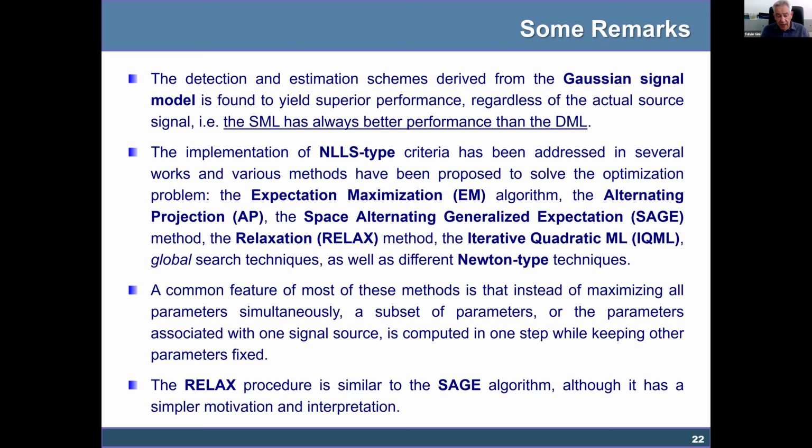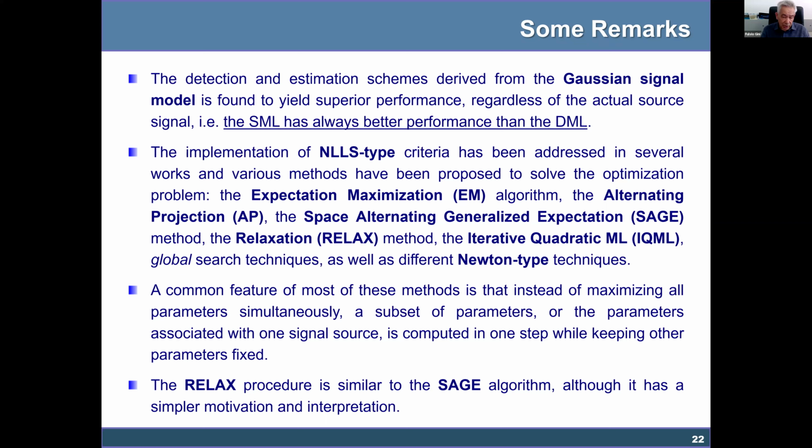In order to find the solution, we have to apply a numerical optimization method. There are many methods that have been proposed in the literature to solve these kinds of problems. I will not enter into the details.